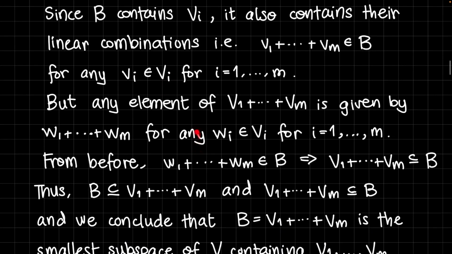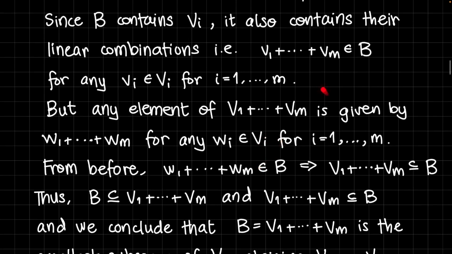But then we also use the definition of the subspace sum: any element of the subspace sum is just a sum of any vectors which belong to the corresponding subspaces. So w1 through wm, where each wi belongs to the corresponding subspace Vi.